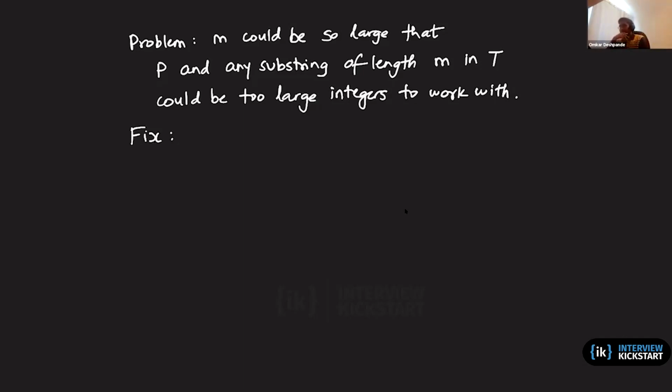Now the way to fix this would be, if they are too large, just bring them down to within a range that's manageable. It's kind of like how you might have seen in some of the dynamic programming problems, where the answer could be so large that whenever the number becomes large enough to be in danger of overflowing, you take the mod of that number with a large prime number to bring it back down into a range that can be represented.